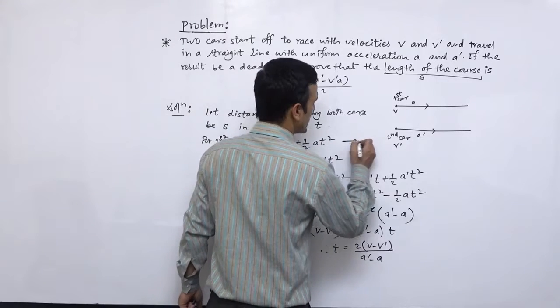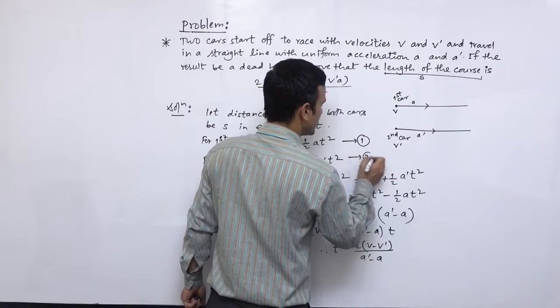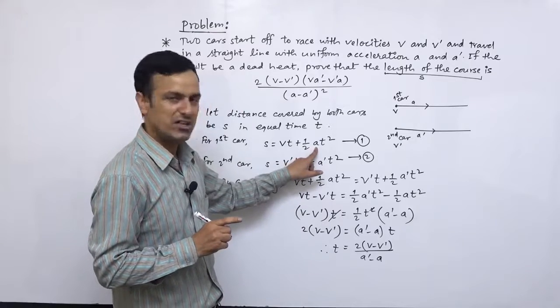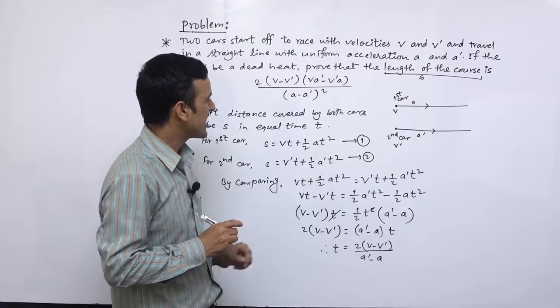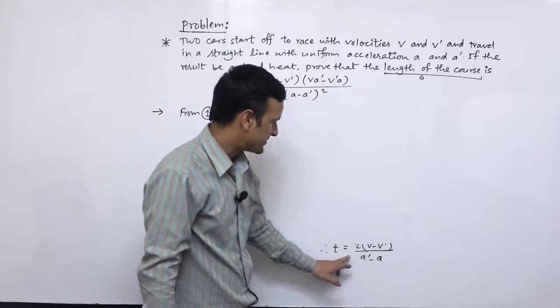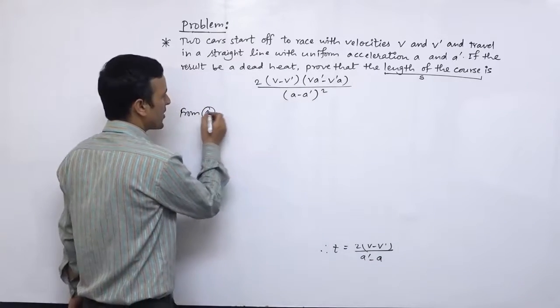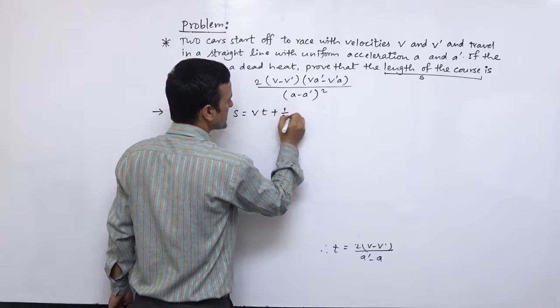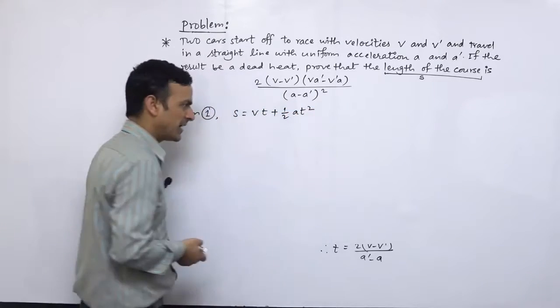So substituting in 1, this is 1 and this is 2. This value of t we can substitute in equation 1. So let's write the value. In our next step we have the value of t here. So from 1, our result is s is equal to vt plus half at square.